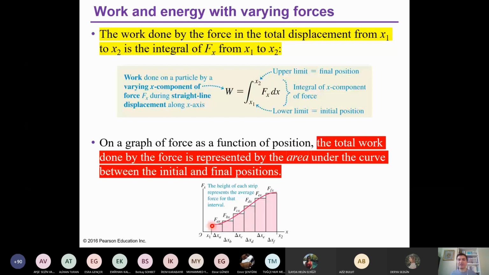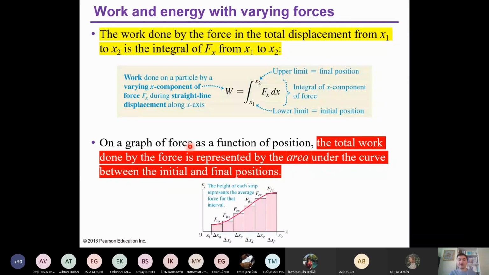This is x2, the upper limit of the integral, the final position of the box, and this is the integral of the x component of force. So we integrate force. Do you have any question here? This is the work done on a particle by a varying force.